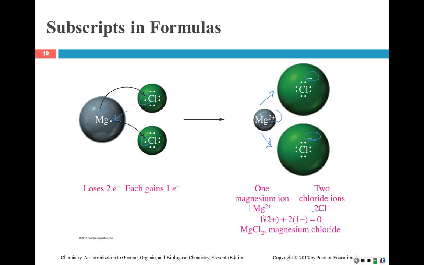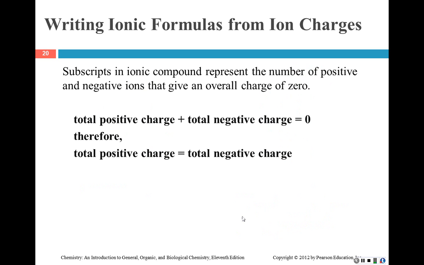That gives us 2 pluses here, and 2 times -1 is 2 minuses here, for an overall charge of 0. We write those as subscripts: Mg, remember we usually don't put the subscript if it's just 1, and Cl2 for magnesium chloride, because it takes 2 chlorines to hook up with the magnesium in order to make a neutral molecule.